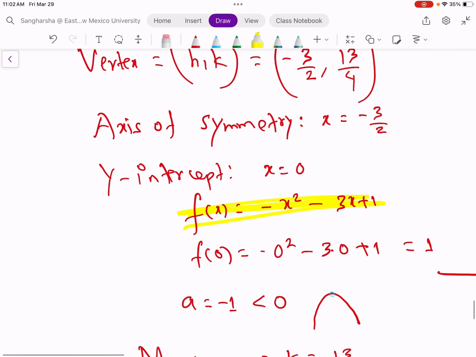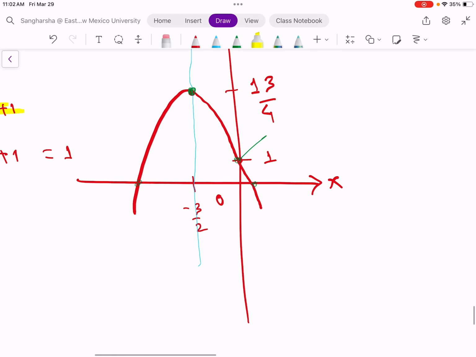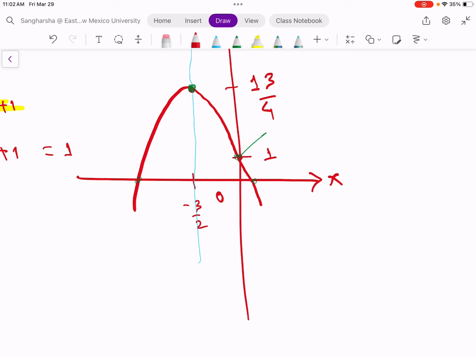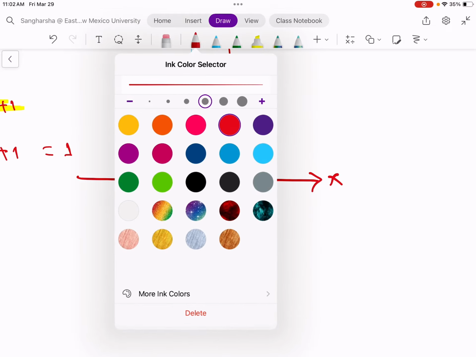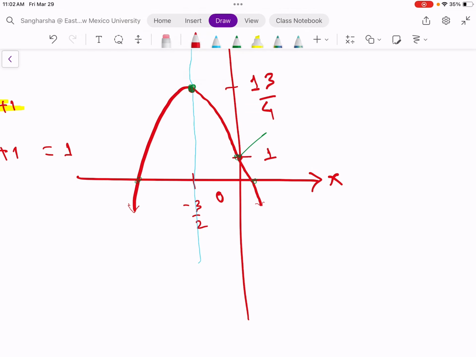So we had a graph here. Now for this graph, if we want to write down the interval where the function is increasing, can you tell me the interval? We can extend this graph all the way to the left and all the way to the right. Yeah, we are always moving from left to right.